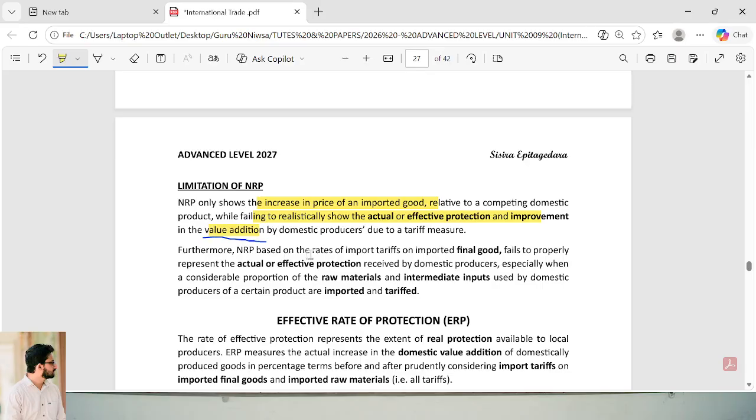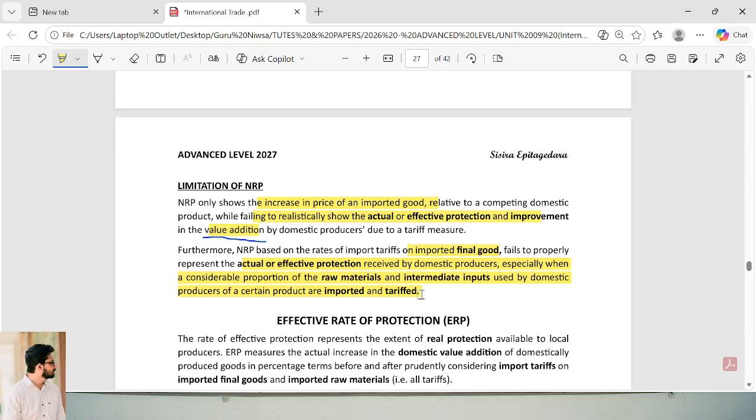Furthermore, NRP is based on the tariff rates on imported final goods. It fails to properly represent the actual or effective protection received by domestic producers, especially when a considerable proportion of the raw materials and intermediate inputs used by domestic producers of a certain product are imported and tariffed. What does it mean?